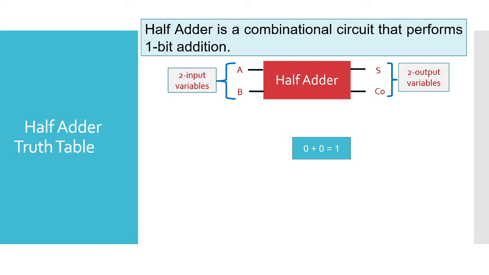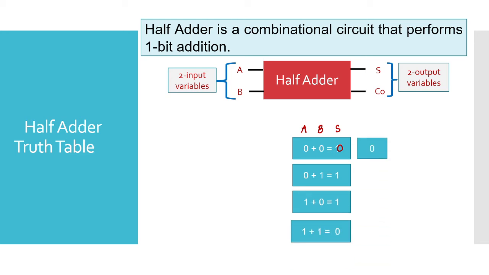First, I know that if A is 0, B is 0, you are adding 0 and 0, 0 plus 0, you will get sum 0. Sorry, it is wrongly written here. 0 plus 0 is 0, and carry is 0.